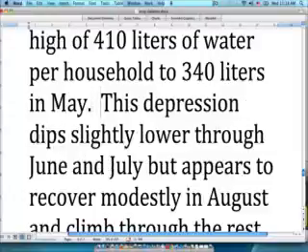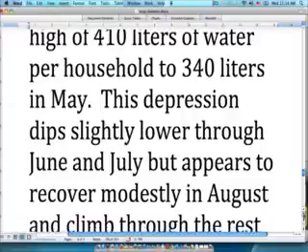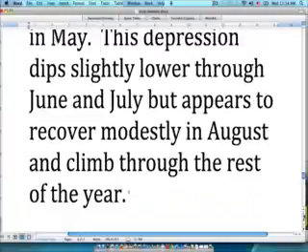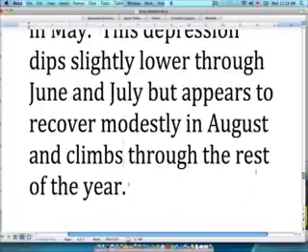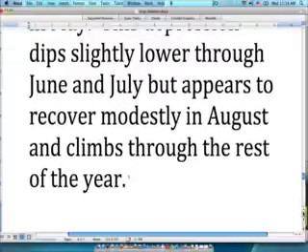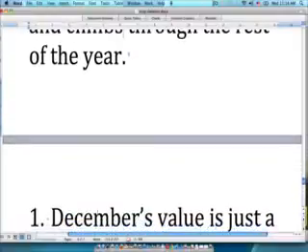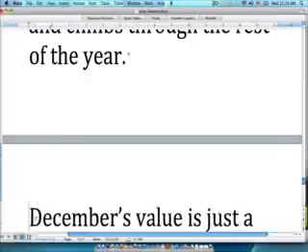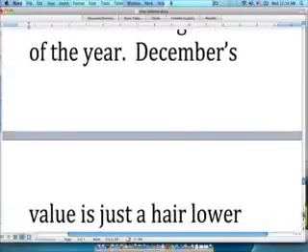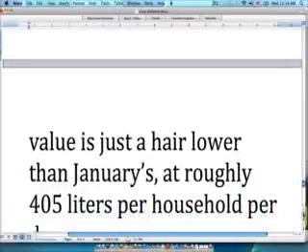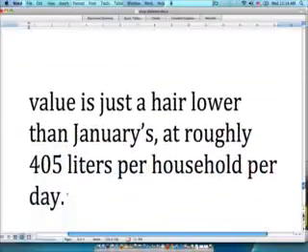This depression dips slightly lower through June and July, but appears to recover modestly in August. And climbs through the rest of the year. December's value is just a hair lower than January's, at roughly 405 liters per household per day.